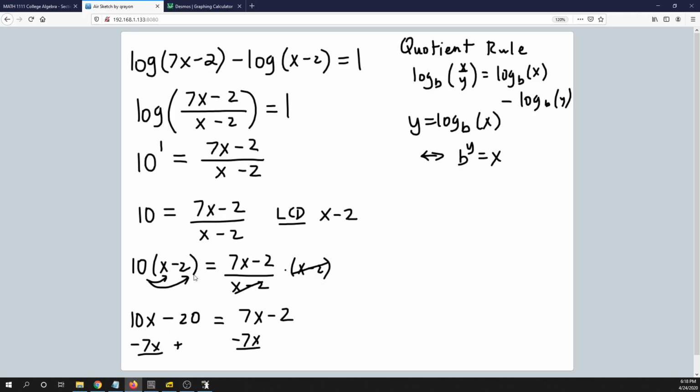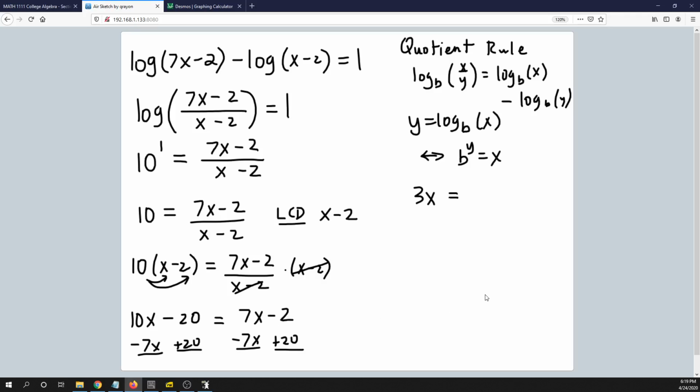And then if I add 20 to both sides, that will get all the non-x terms over on the right-hand side. So simplifying that out, 10x minus 7x is going to give me 3x, and then over here I'll have negative 2 plus 20.